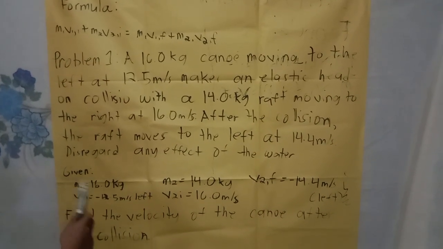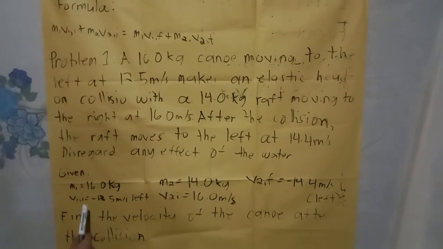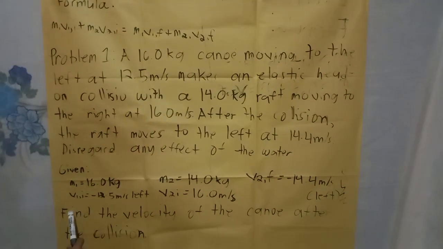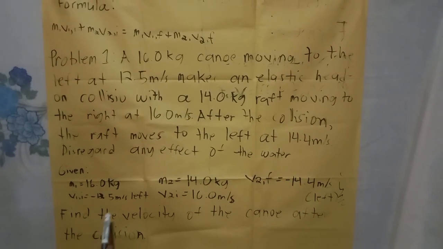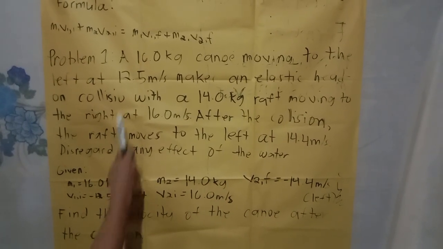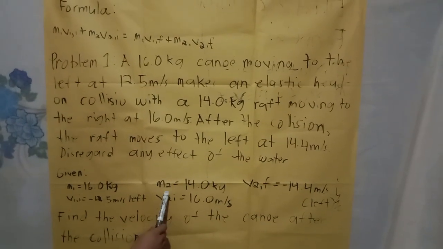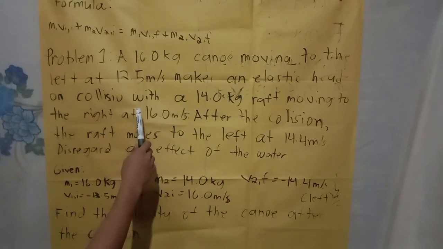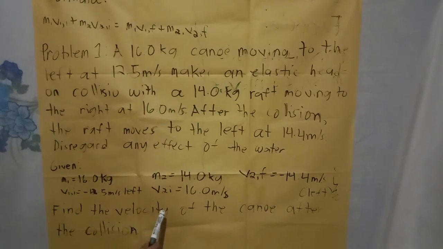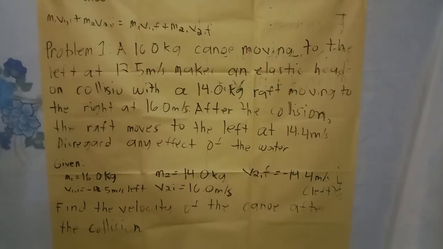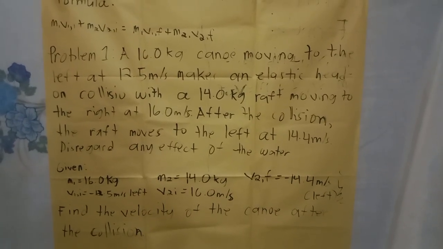So the given: m1 is equal to 16.0 kilogram, the canoe. Our v1i is equal to negative 12.5 meters per second, because the canoe is moving to the left. That's why it's negative. Then m2, the mass of the raft, is 14.0 kilogram, and the initial velocity of the raft is 16.0 meters per second.